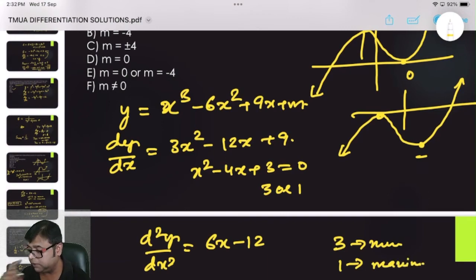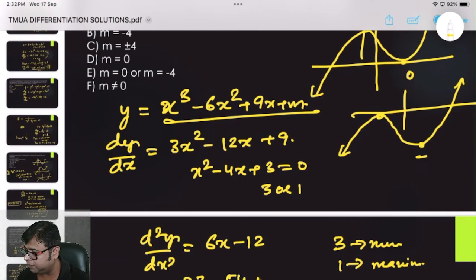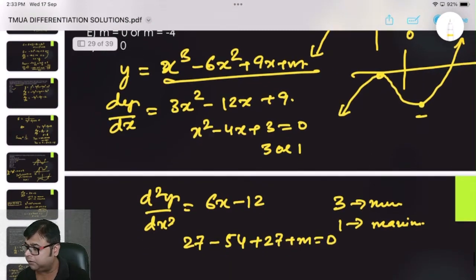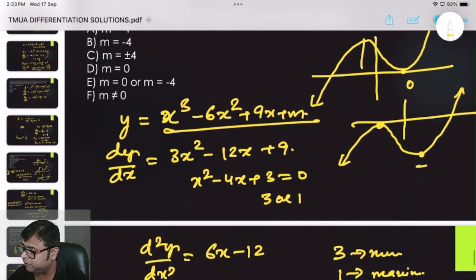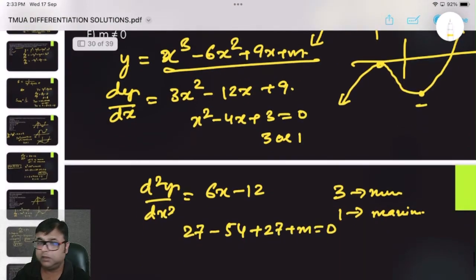So at first case, at minimum value, the value should become 0. So if I put 3 here, I get 27 minus 54 plus 27 plus m should be 0. So m should be 0. And at 1, in that case, the value should become positive.